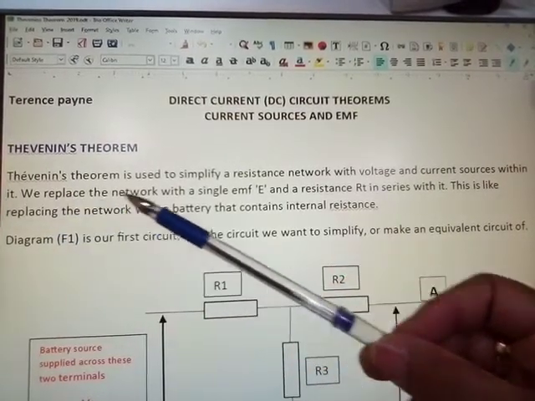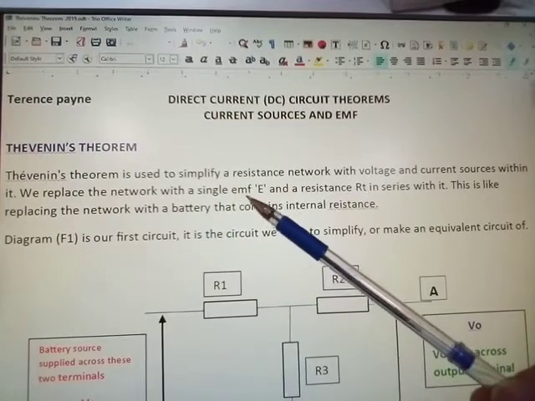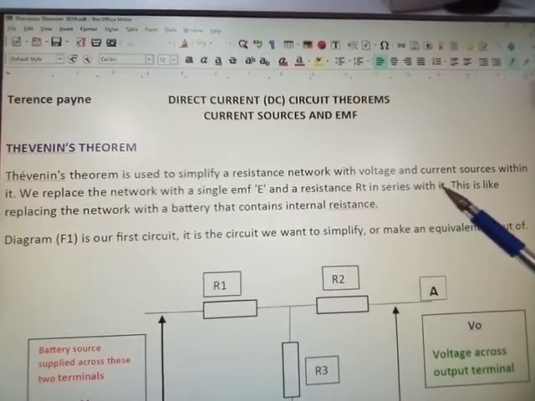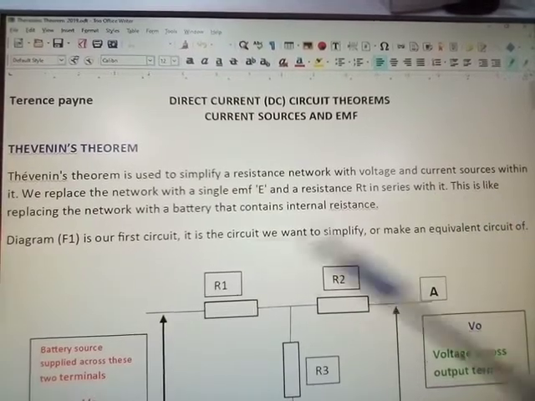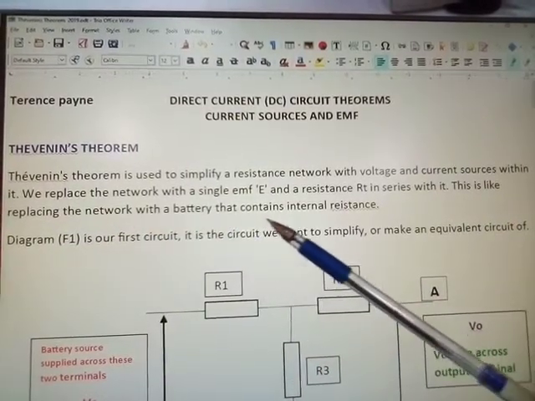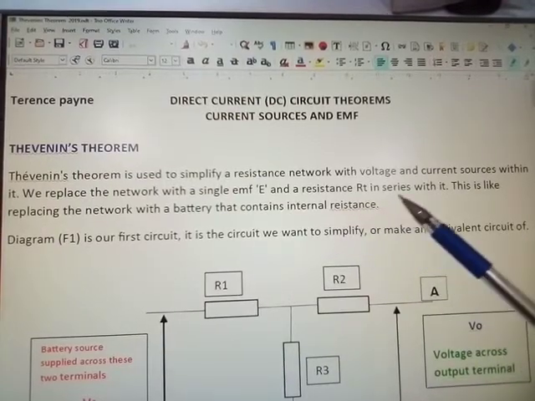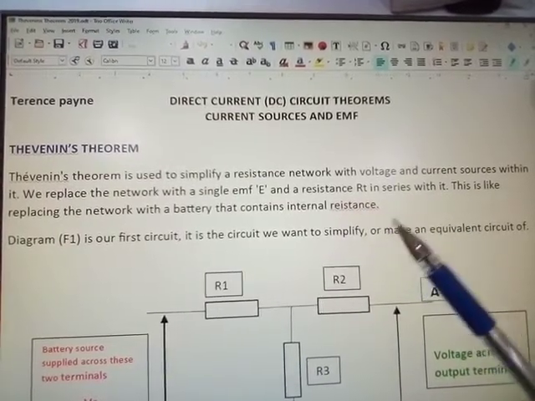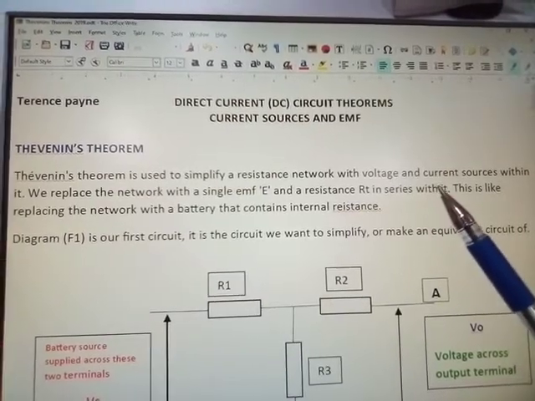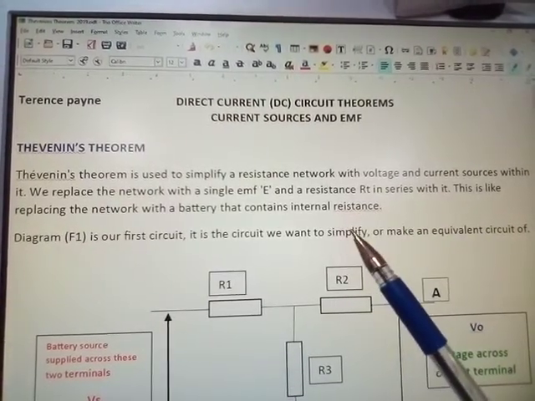We replace the network with a single EMF E and a resistance RT in series with it. This is like replacing the network with a battery that contains internal resistance. Now that's just for the purpose of simplification, okay? But as you know, nothing is ever that simple.